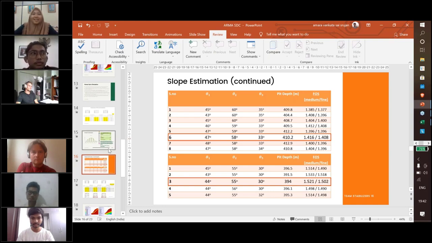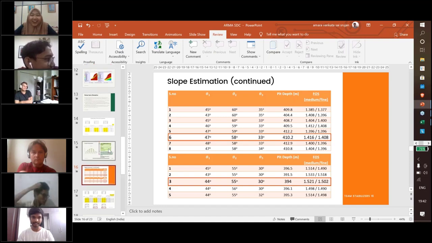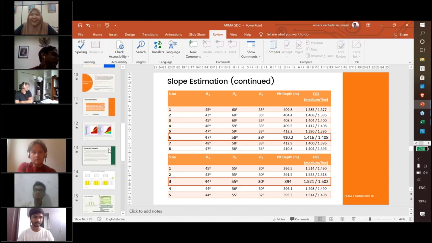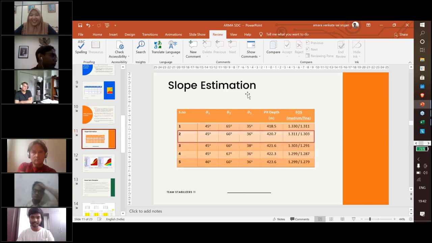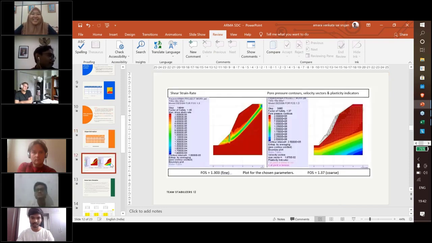I'm just wondering if, when you were playing with the parameters, you observed slope failure limited to the top layer. Yeah, it happens sometimes. There were cases where the failure just happened in the top surface and the bottom surface was stable.